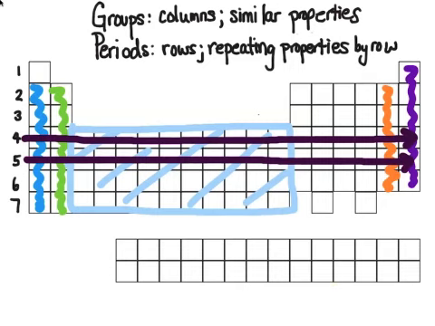Okay, so this analysis of the periodic table, by taking away all the names of the elements and just looking at its structure, gives you a better idea of how to use the periodic table. And please make sure that you understand the difference between groups and periods, because they do represent different properties for an element.